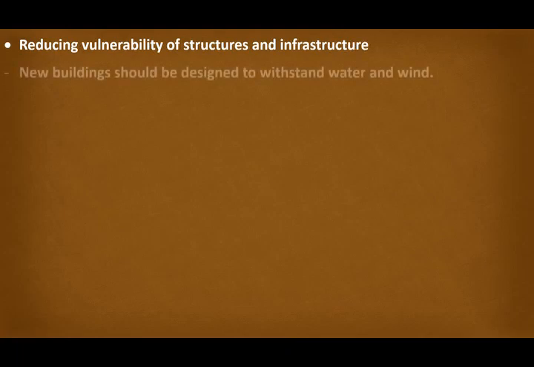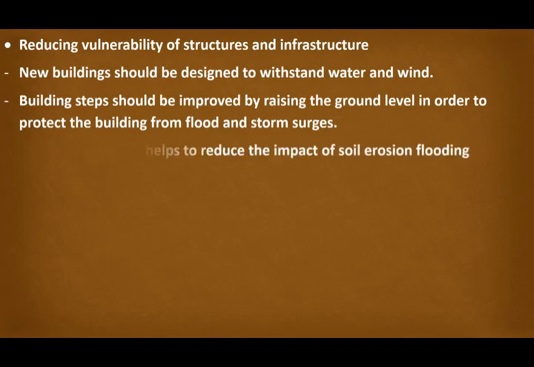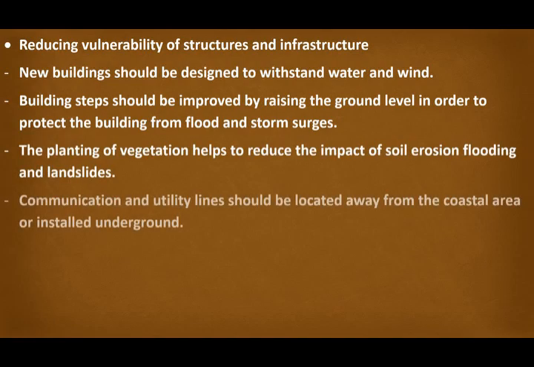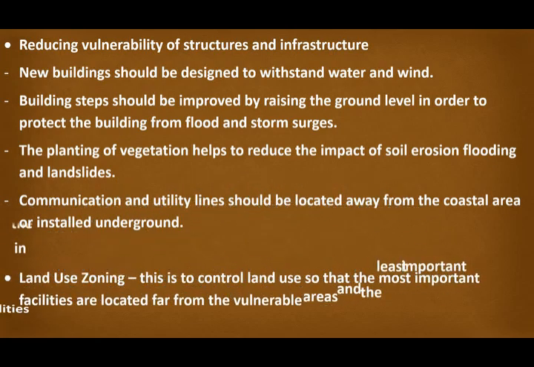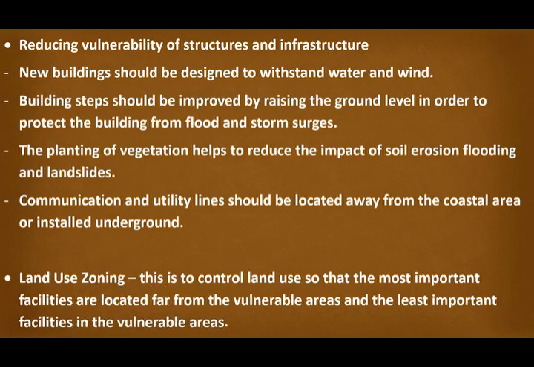They may also reduce the vulnerability of structures and infrastructure. So they'll carry out measures to strengthen and improve them so that they are not damaged during hurricanes. And finally, they will carry out land use zoning so they know where the safe areas are.